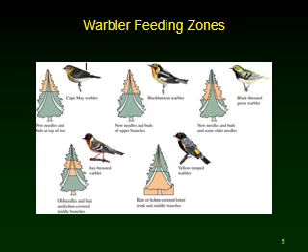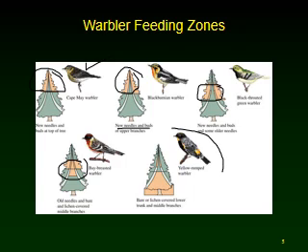One is the Cape May, and notice it feeds here at the top, on needles and buds, and then the Blackburnian feeds on the new needles and buds of the upper branches there. The black-throated warbler is kind of in the middle, and then we have the bay-breasted, and you can see its area: the old needles and bare and lichen-covered middle branches.